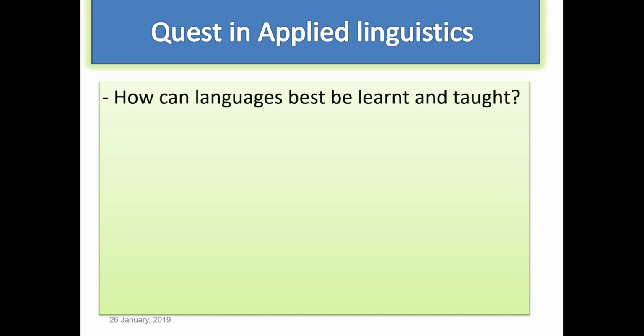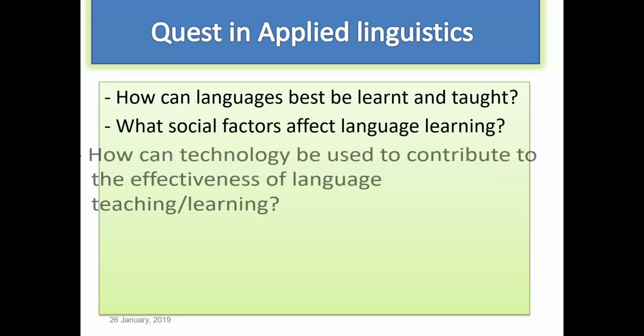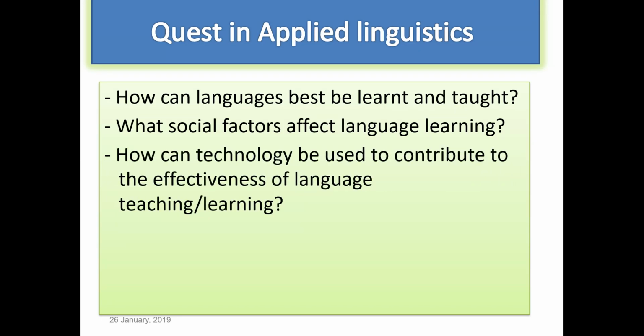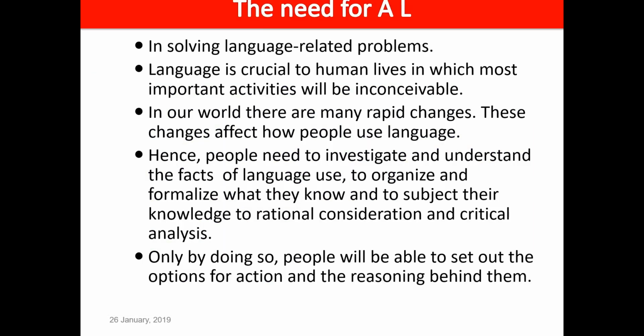So there might be some queries. How can languages best be learned and taught? What social factors might affect language learning? How can technology be used to contribute to the effectiveness of language teaching and learning? What are the language-related disorders or problems, and how can we prevent them? These are some of the things which link applied linguistics with the utilization of knowledge.